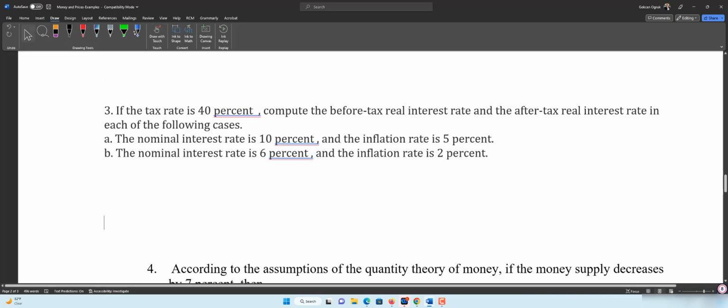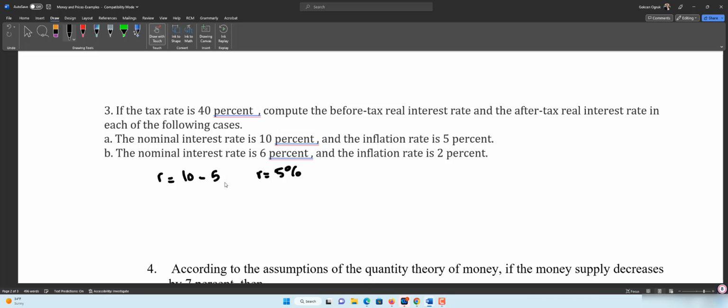Here we have the tax rate of 40%. Compute the before-tax real interest rate and after-tax real interest rate in each of the following cases. And we have the nominal interest rate of 10%. So the real interest rate is 10 minus 5, which is 5%. Now 40% of the nominal rate goes to tax. So 10 times 40% is 4%. So the person who gets 10% return has to pay 4% to the government.